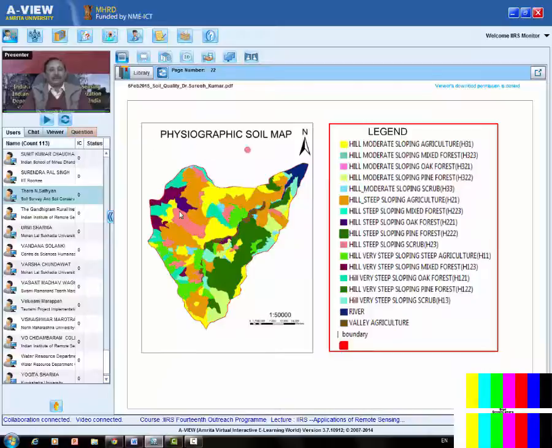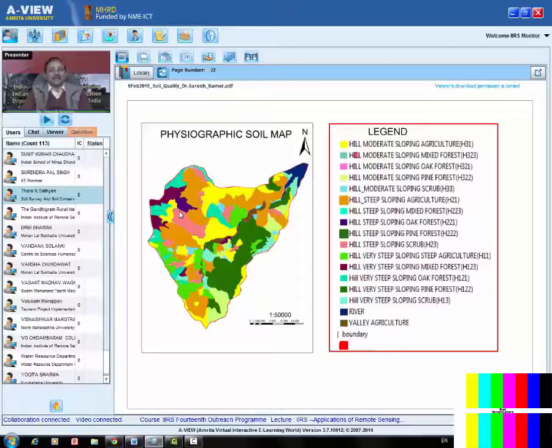First we have to prepare the physiographic soil map, and earlier I discussed with you how to prepare it. This is prepared by visual interpretation of satellite data, considering the landform, vegetation and topography. Then we divide the area into various units having similar soil forming factors.